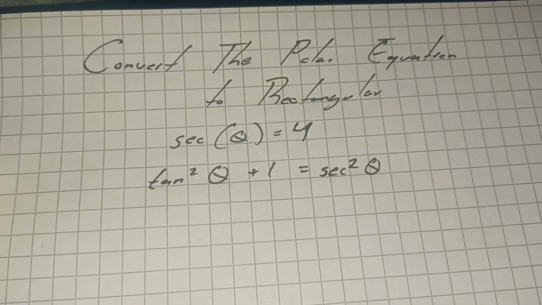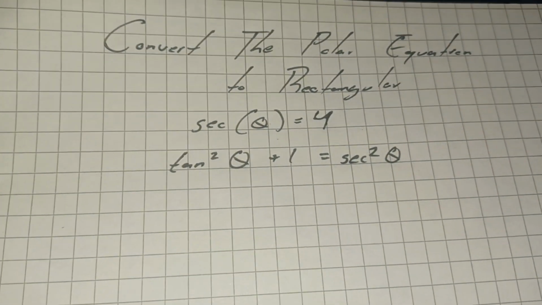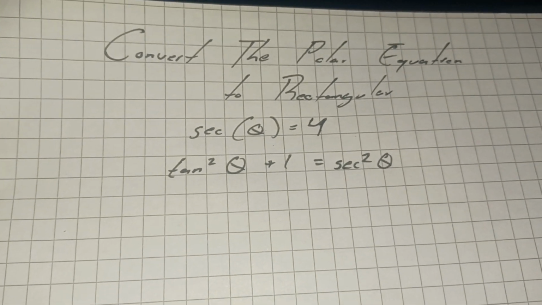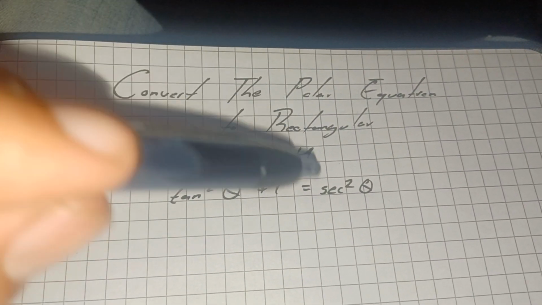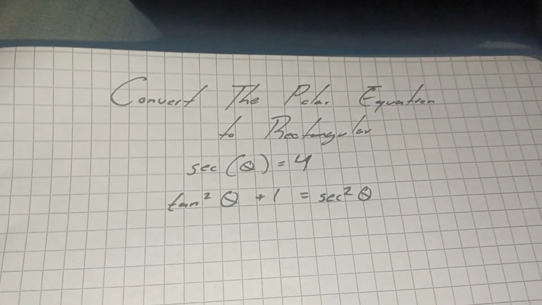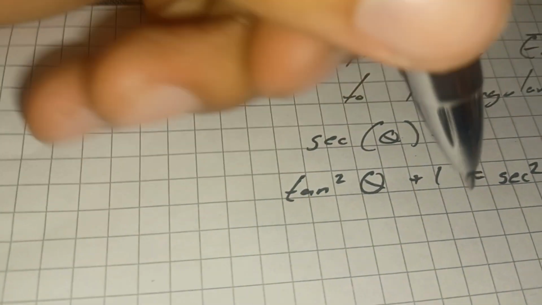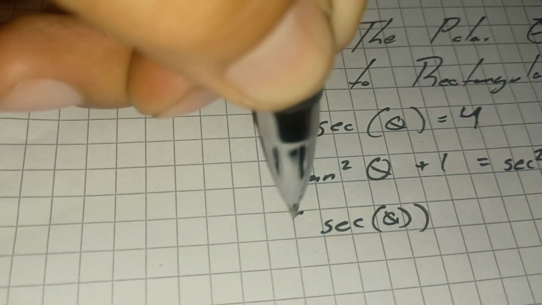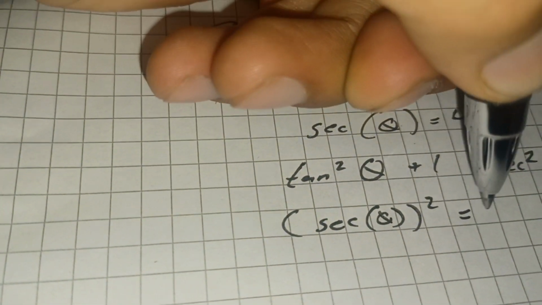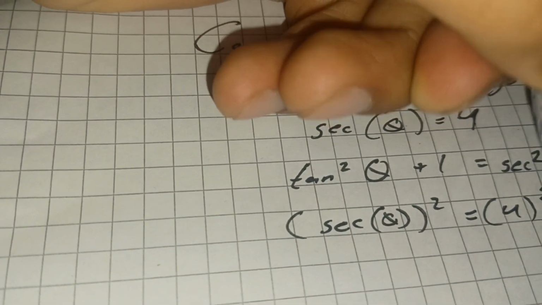So secant of theta is equal to 4. We have tan squared of theta plus 1 equals secant squared of theta. So we need to turn secant of theta into secant squared of theta. We do that by squaring both sides. So secant of theta squared equals 4 squared. That's a 4, by the way.